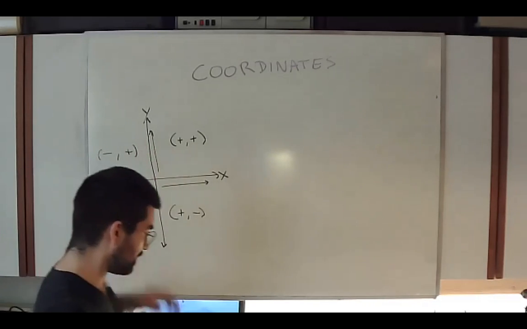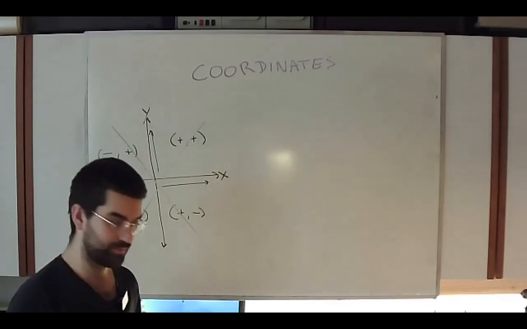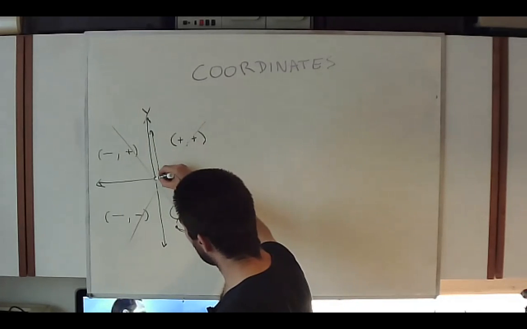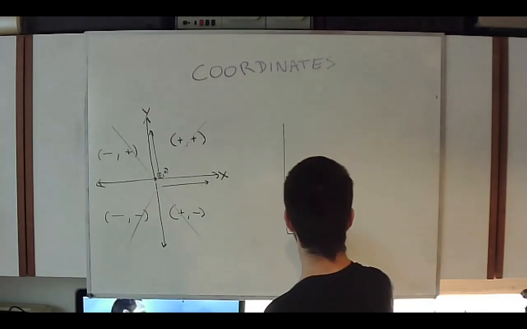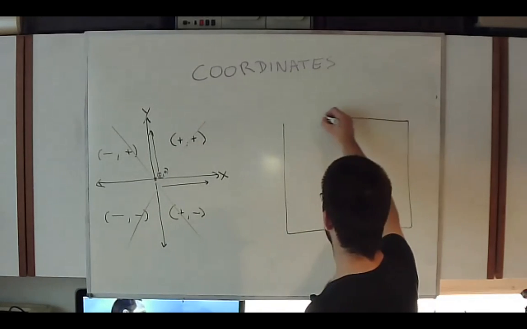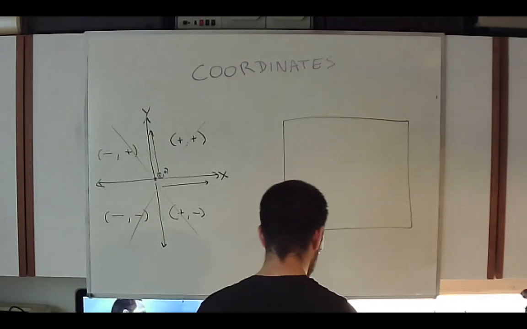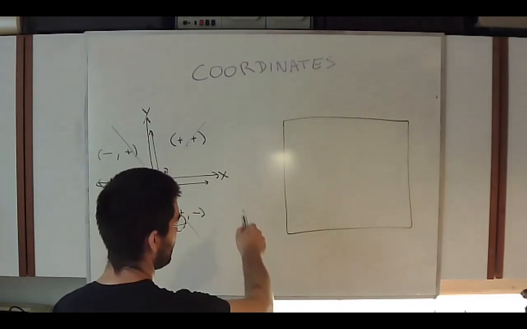This is not how it works in P5. Because normally we think about the origin, our 0, 0 point being in the center, but in P5, does anyone want to guess where our origin is? 0, 0.